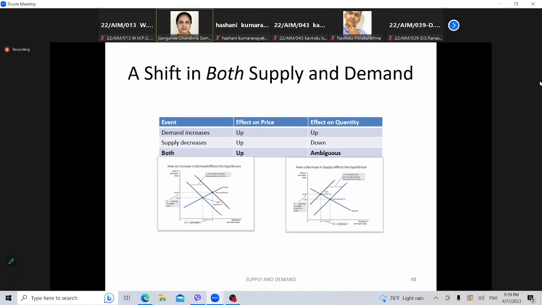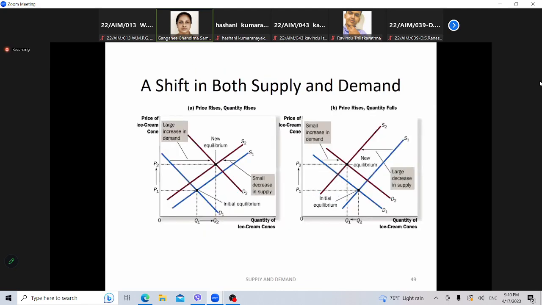Okay. So accordingly we can decide the effect on quantity. So let's say both supply and demand are shifting like this. Though it looks like a complex picture, it's easy for you to understand how supply shifted, demand shifted, both may occur at the same time.